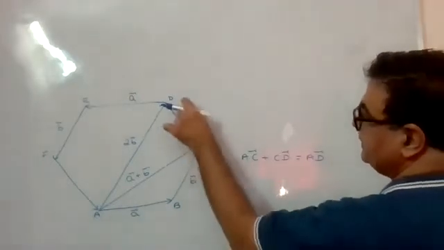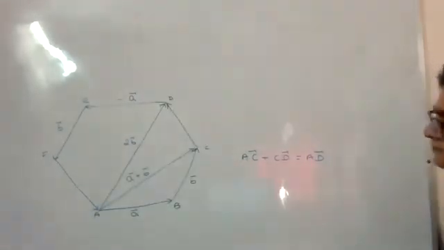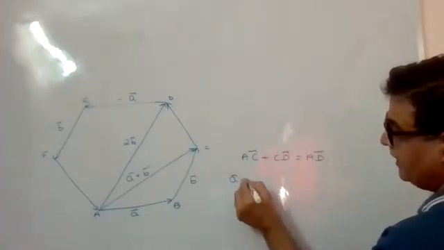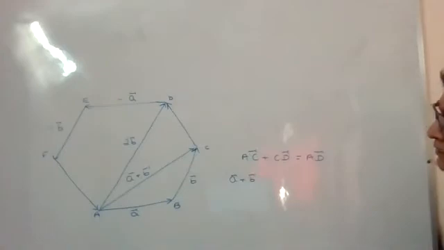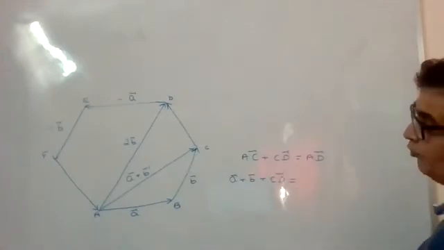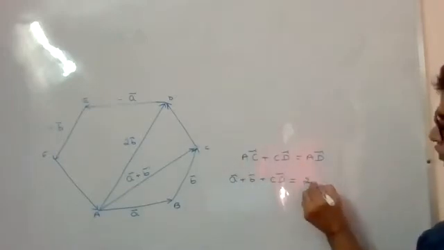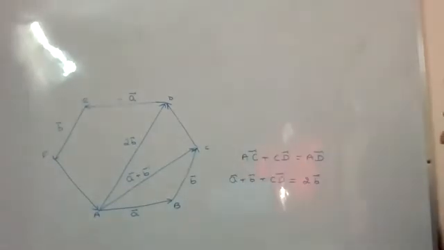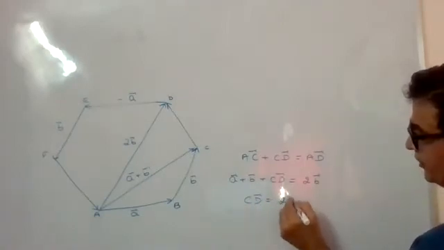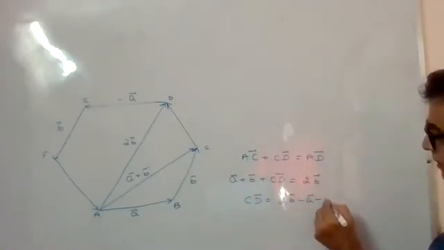AC plus CD is AD. What is AC vector we have? It will be A plus B. CD vector we want to calculate. And what is AD vector? That will be twice of B. So what I get here, CD vector will be twice of B minus A minus of B.